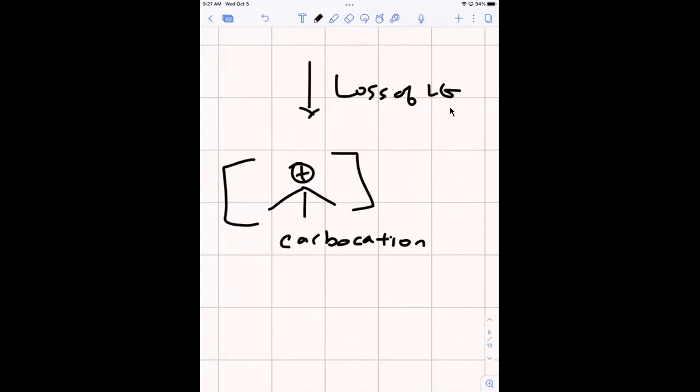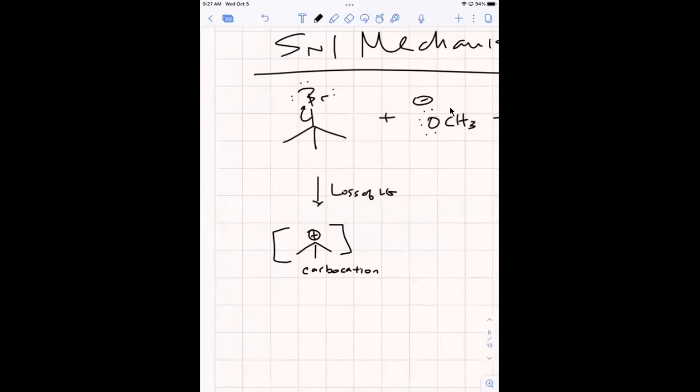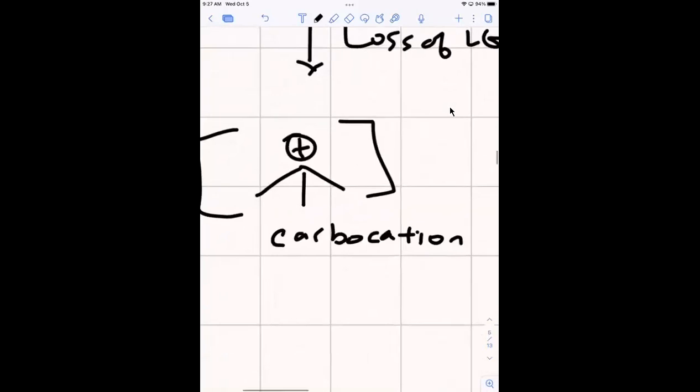So for a reaction that goes through a carbocation, wouldn't it prefer to occur on a substrate that, when you make the carbocation, is more stabilized, right? So it's a tertiary substrate. When the leaving group leaves, it becomes a tertiary carbocation. So that's why this is preferred for SN1.